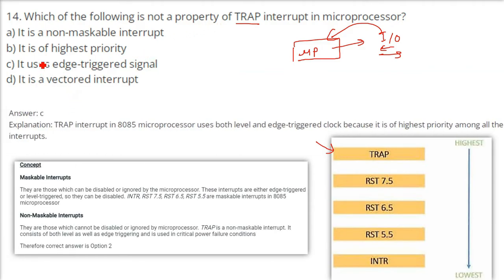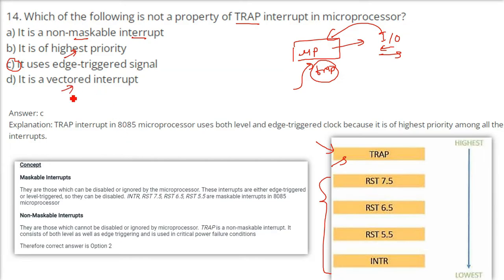I'll tell you just now that the answer to this question is which of the following is not a property. So C is it uses an edge triggered signal. Let me tell you first that trap is a non-maskable interrupt. That is, whenever trap comes, the microprocessor has to deal with it. It cannot be disabled or ignored by the microprocessor. Others, RST 7.5 till INTR, are maskable.